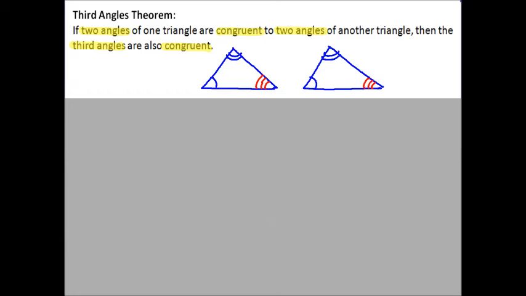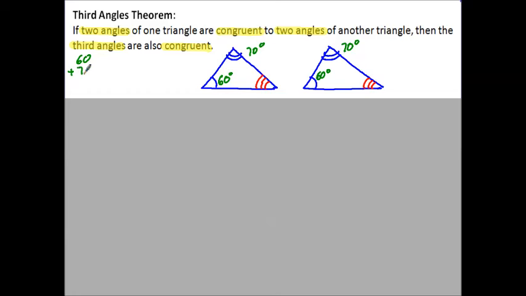And beyond that, if we know that, for example, this angle has 60 degrees and this angle has 70 degrees, then we know that this angle has to be 60 and this angle has to be 70, and we can also use the triangle sum theorem to figure out the remaining angles.